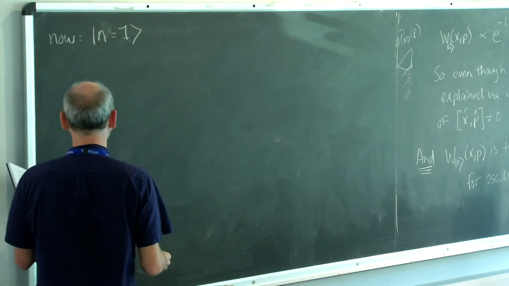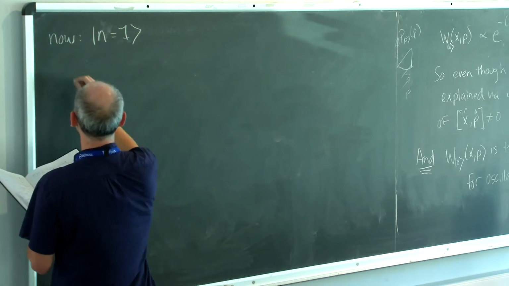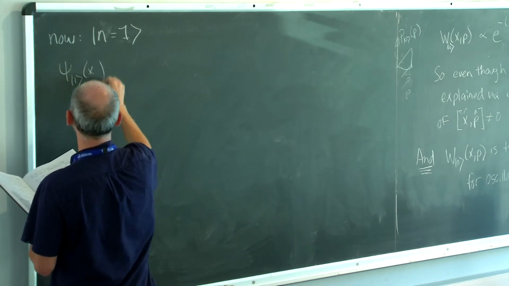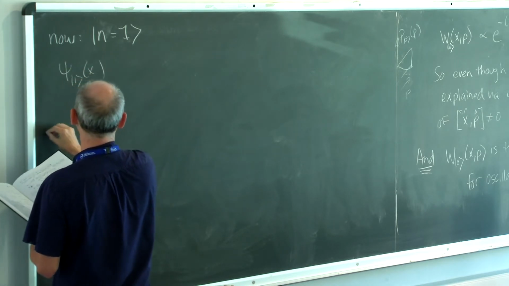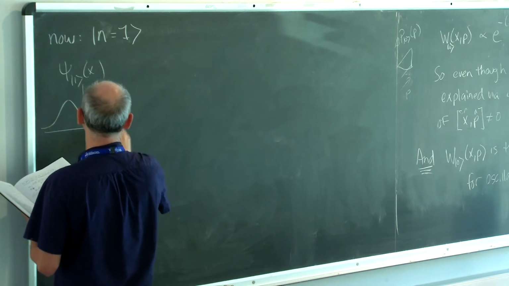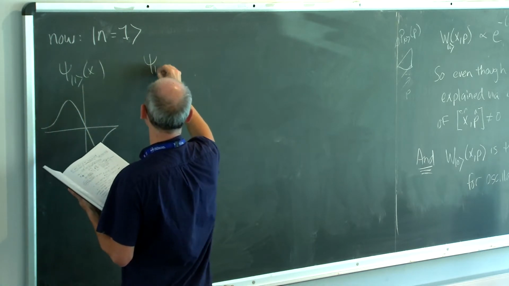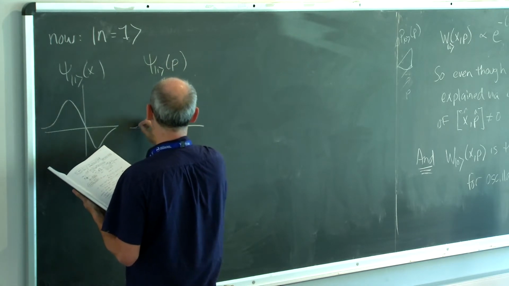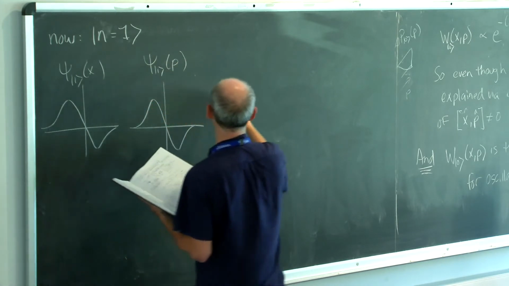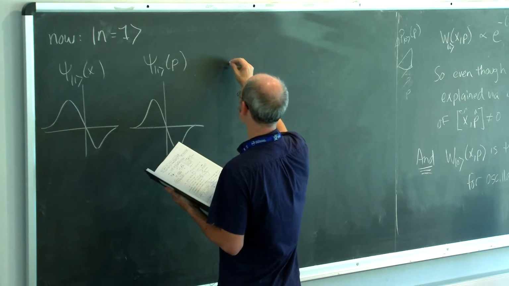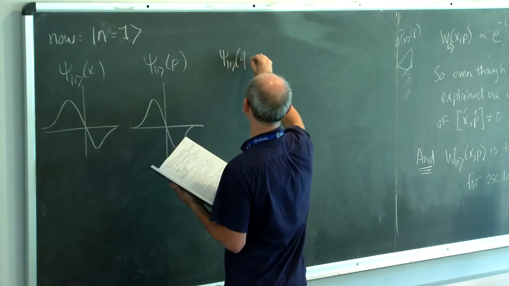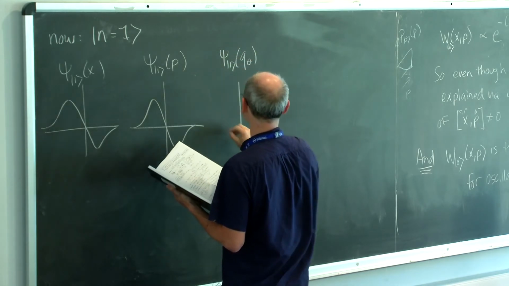of the oscillator. So in that case, the wave function of that state in the x basis looks like this. The wave function of that state in the p basis looks exactly the same, and the wave function in any other combination of these variables looks the same.